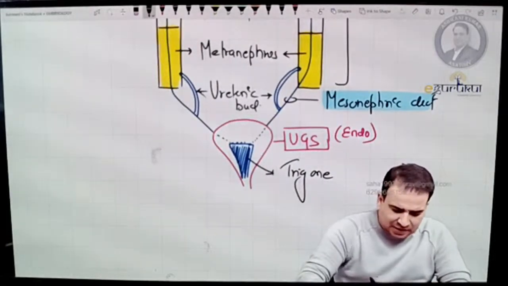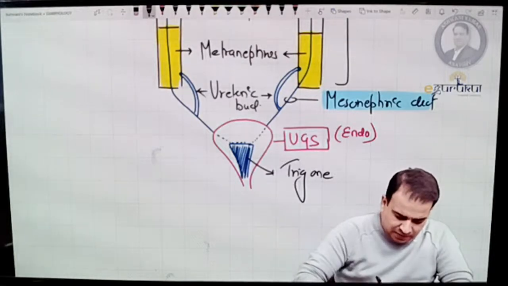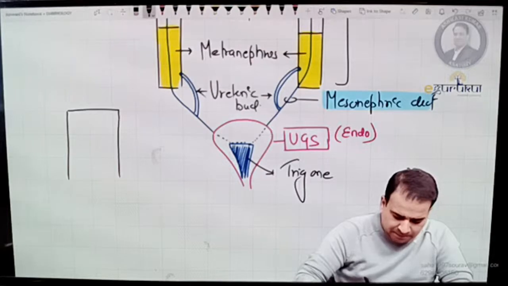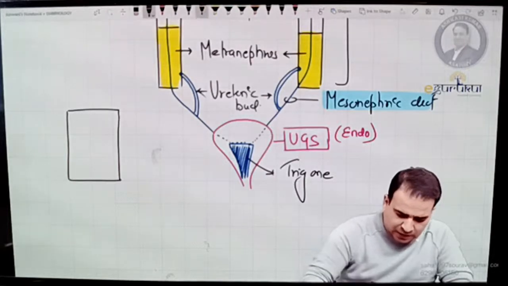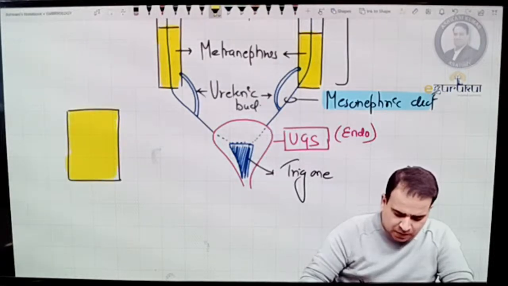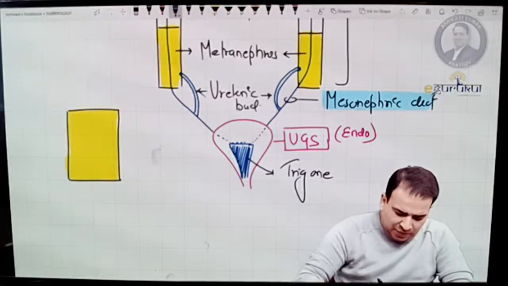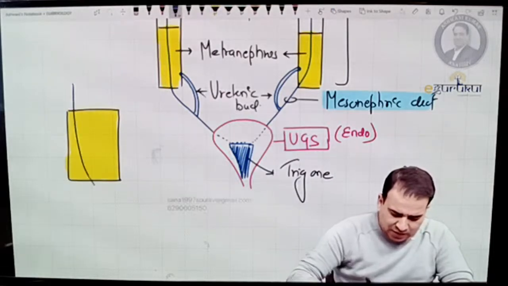Let me just take this portion here separately so that I can explain this even better. So guys, if this here is a metanephros part, let me give the same color to that. That is the metanephros. From above, we have that mesonephric duct coming, right? Let me draw it with a lumen. So let's say there's a mesonephric duct here.